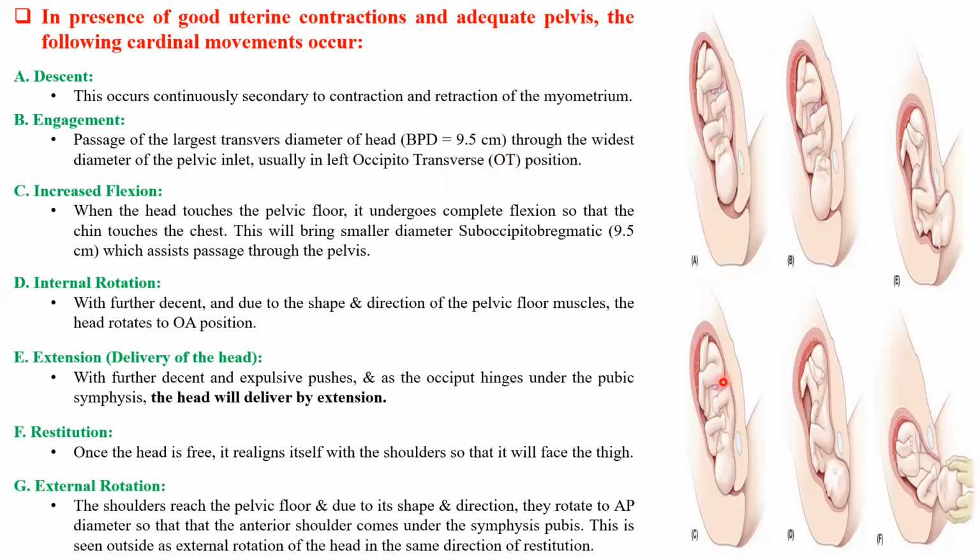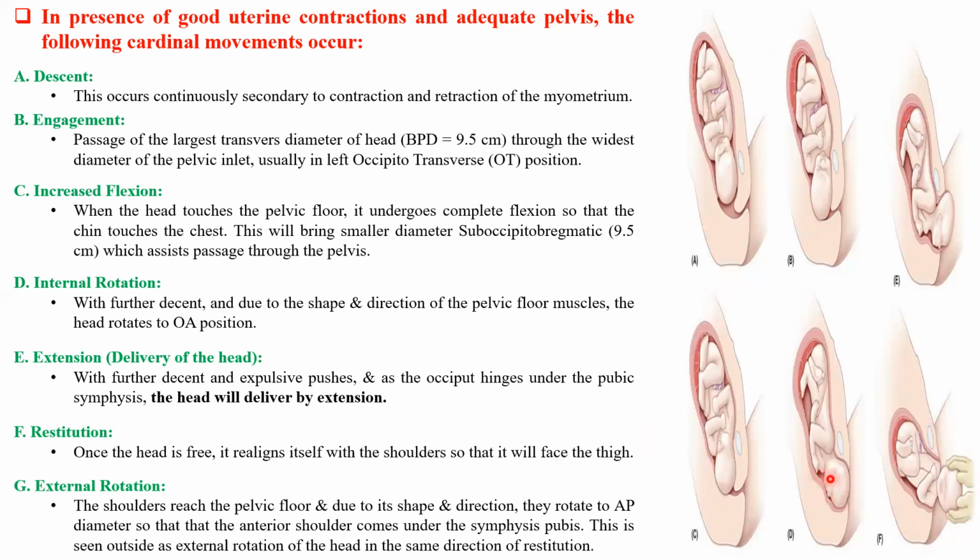The next will be increased flexion. Once the head reaches the pelvic floor, the head will be in full flexed position, so the chin touches the chest, and the engaging diameter will be the suboccipitobregmatic diameter, 9.5 centimeter. The next will be internal rotation.